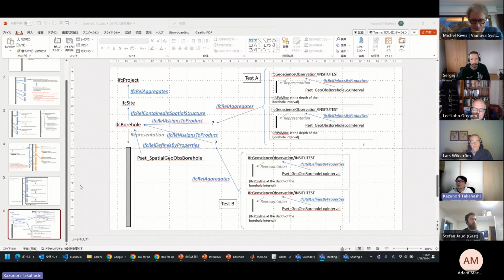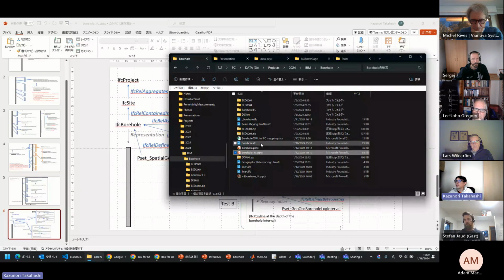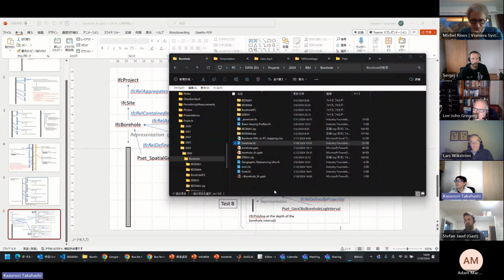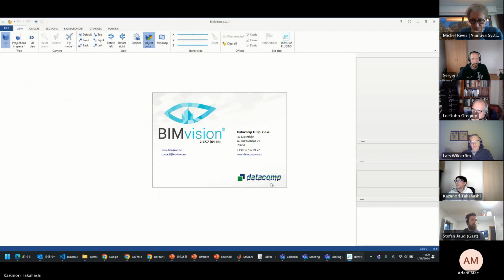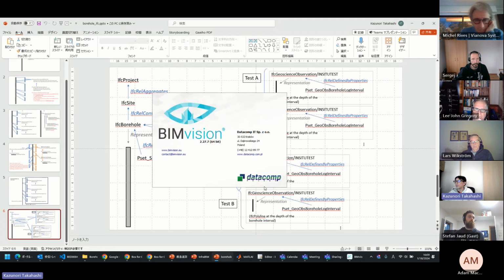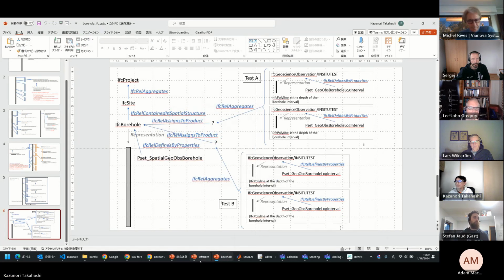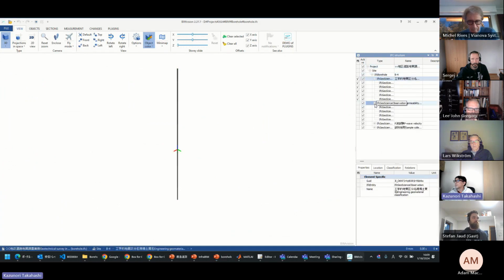I updated my IFC file so that I can just show it to you in BIM Vision. I followed that structure that you recommended. And now the structure looks like this.